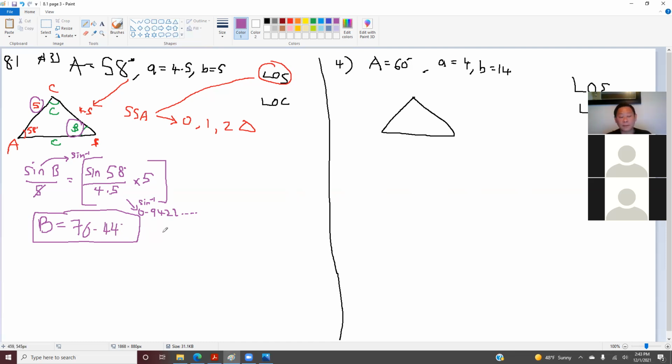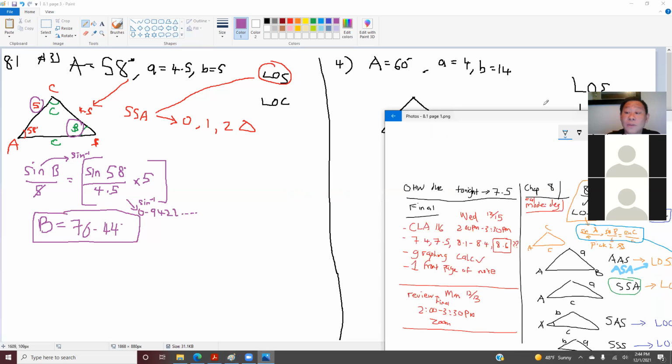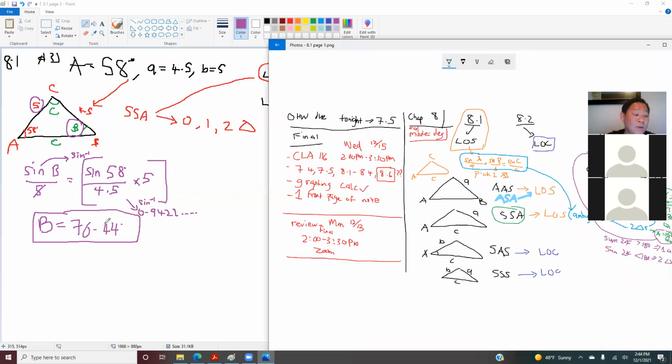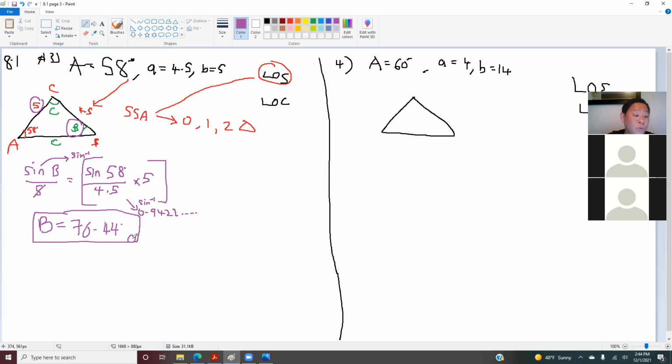Okay. So are you guys all right here so far with this? The ambiguous case came out because when you use law of sine, you can have two quadrants. One is in quadrant 1 and one is in quadrant 2. The one that you found here is in quadrant 1 because 70 degrees is in quadrant 1.